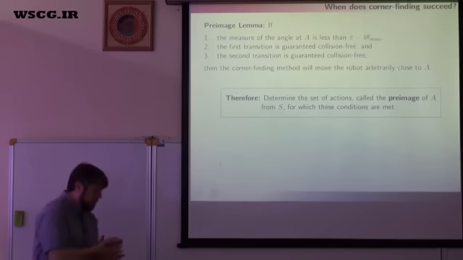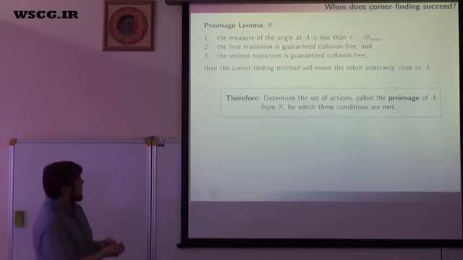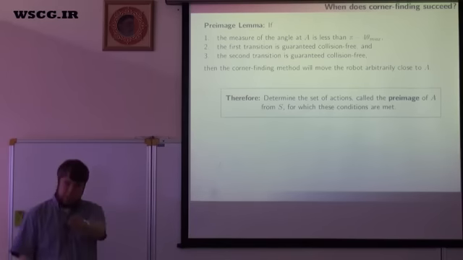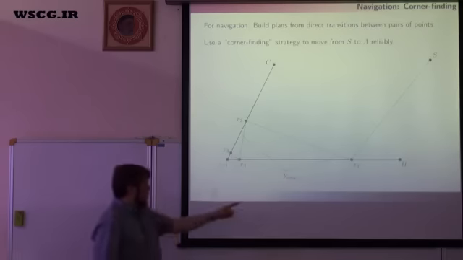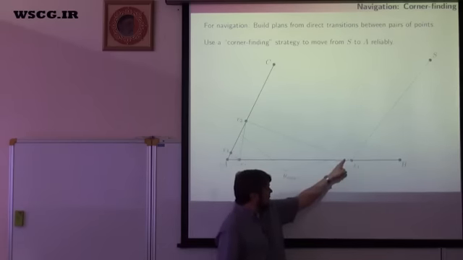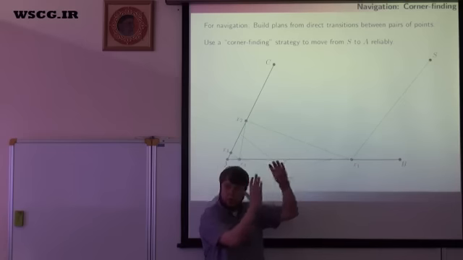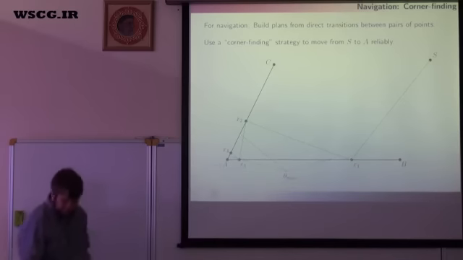The other thing we need to make sure is that the first transition is guaranteed to be collision-free. I'm using the word guaranteed here because we don't know exactly where the robot will be moving in that first transition. It could be a little bit further this way, it could be a little bit further that way. So we need to check that whole entire cone to make sure that's clear.